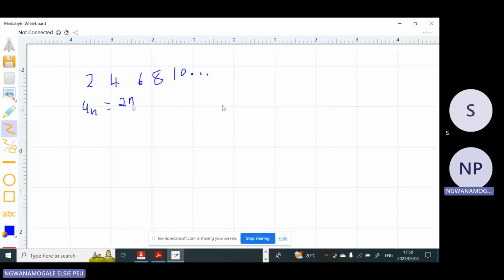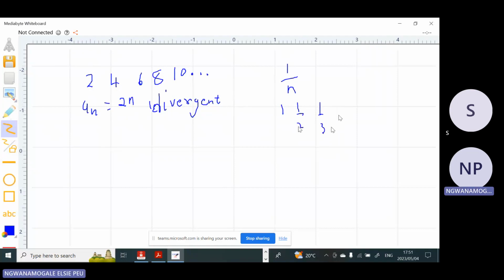So this sequence is a divergent sequence. Let's check another sequence that is also divergent. If we have a sequence 1 over n, the more we substitute, it's going to be 1, 1 over 2, 1 over 3.